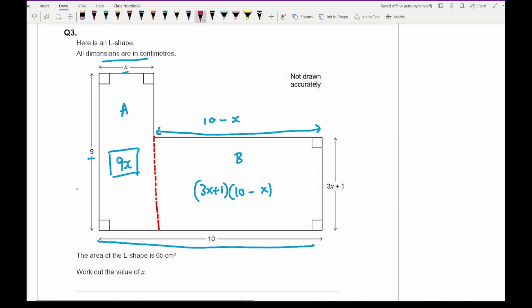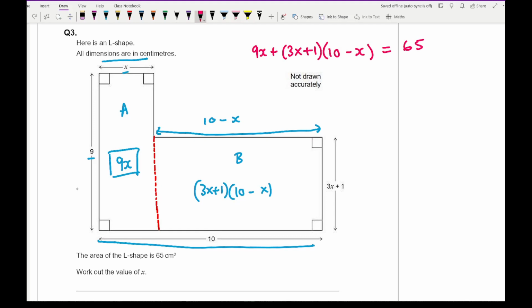So then there, what we've got is the area, which is going to be 9x plus (3x plus 1)(10 minus x), and that's all going to be equal to 65.